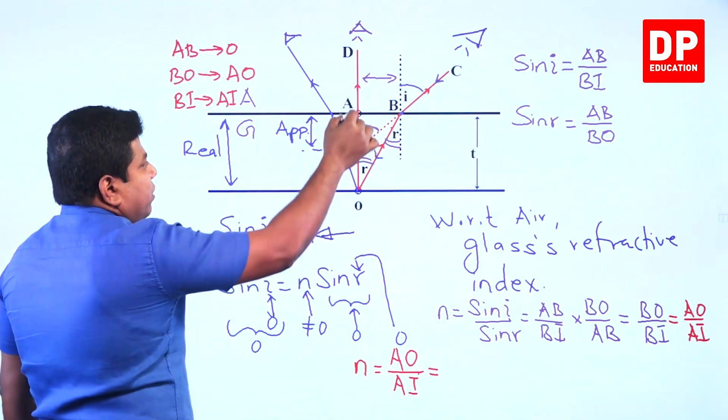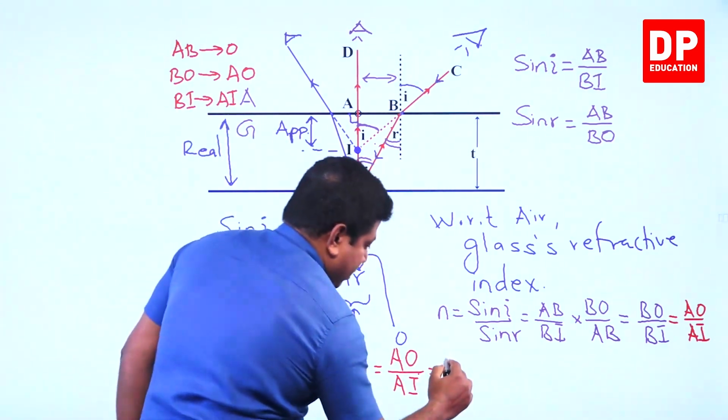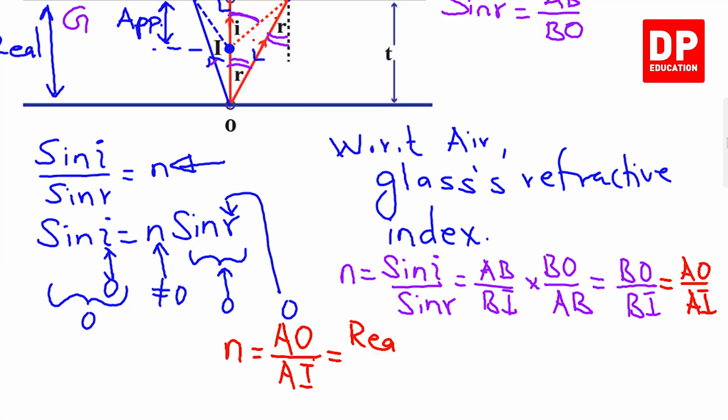What is the name for AO? AO means this much. That's the real depth. Real depth. AI. What is the name we gave for AI? Apparent depth.